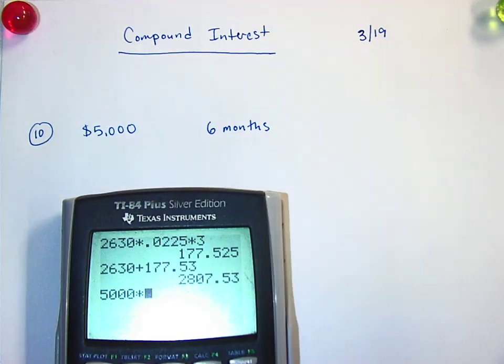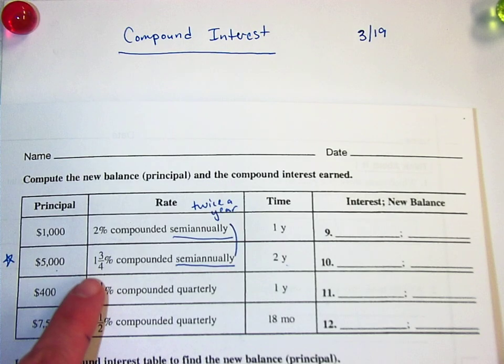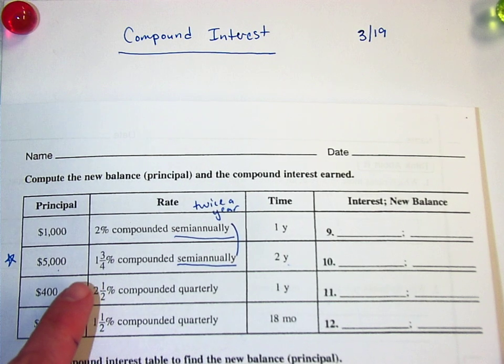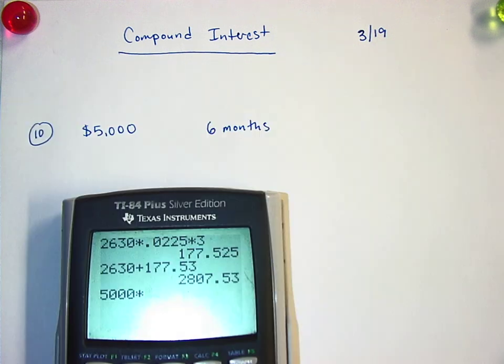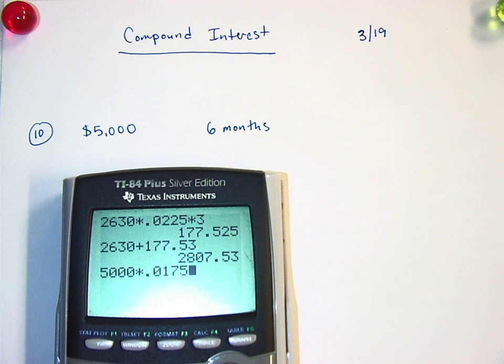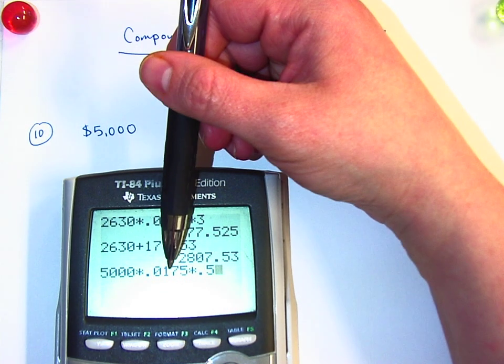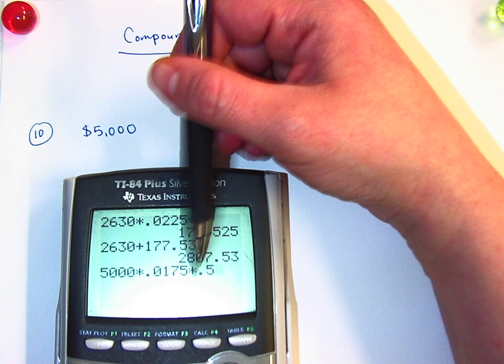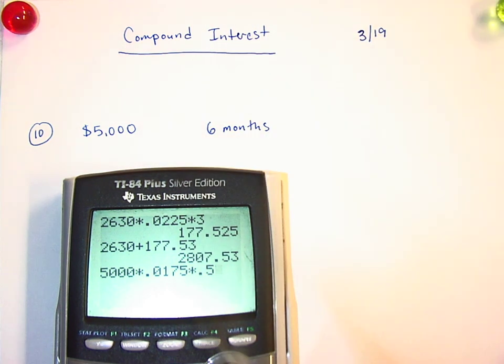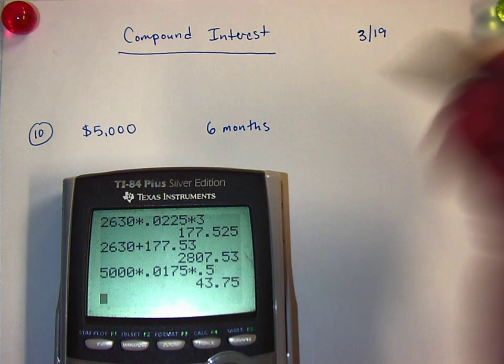The rate in this is 1 3/4%. So I'm going to write 0.0175. So that's how much it is, times 6 months, but this is in a year, so I'm going to write 0.5. So principal times rate times time. 0.5 means we're just doing it for half a year because we're doing it semi-annually right now.